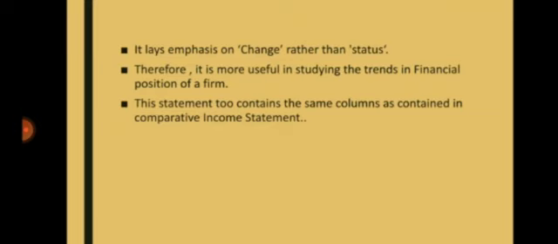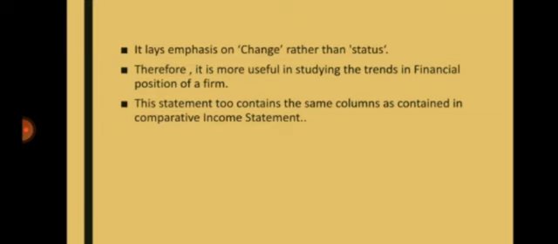Okay, and like the income statement, this statement too contains the same columns as contained in the comparative income statement. So which are those columns? First one is particulars, second one is previous year amount, third one is current year amount, then change in the amount, that is increase or decrease in the amount, and the last one is percentage.